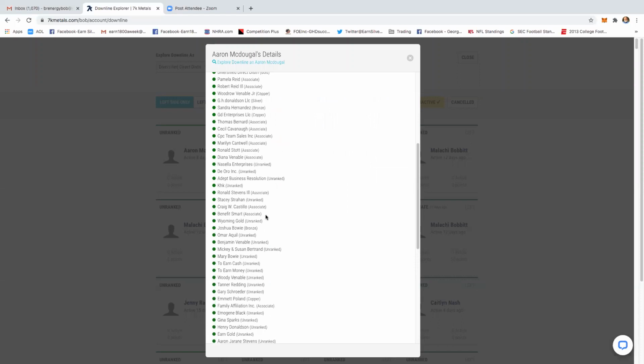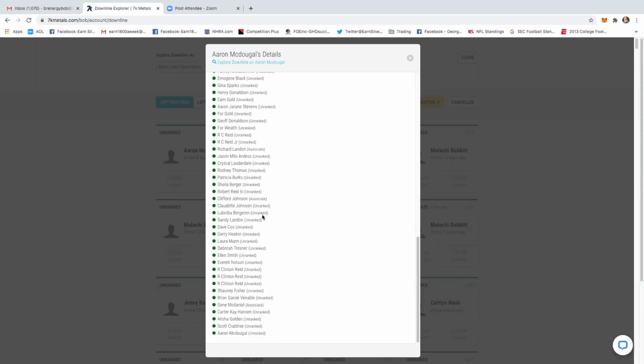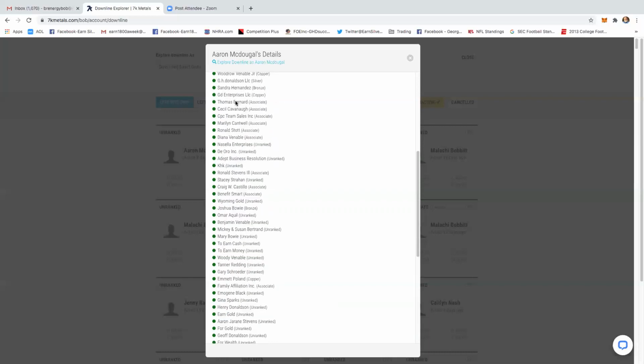And if I really wanted to go down here, this is your genealogy line. Just like if you were mapping it out on a piece of paper, I know that Aaron is under Scott, Scott is under Alicia, Alicia is under Carter Key. In other words, this is that sponsorship line. You could draw a straight line all the way up to me here.